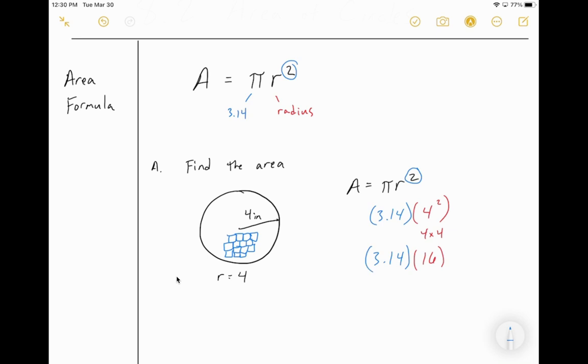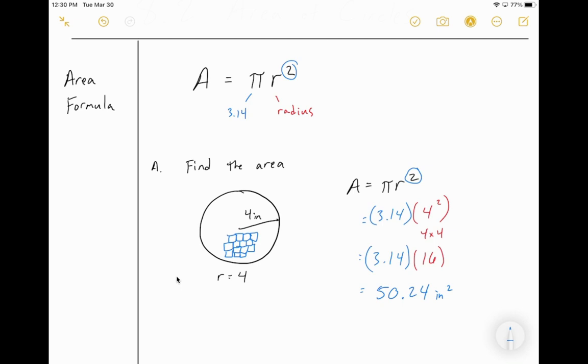This is where I get my calculator out. Go ahead and get your calculator and multiply those. And you should get 50.24. Now, the units are going to be inches squared, right?